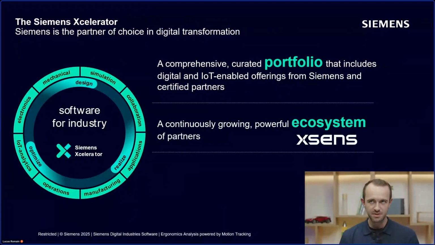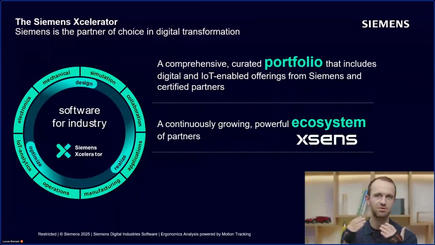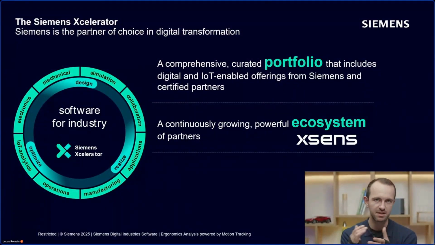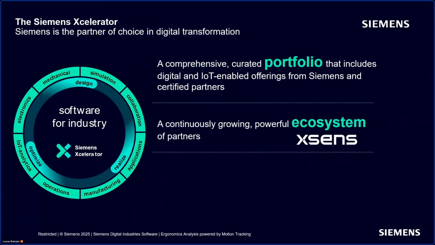This is an example, for instance, with our ecosystem of partners, when it comes to publishing data for your ERP. We have a strong partnership, for example, with SAP. And here today, we want to highlight the partnership we have with Xsens when it comes to digesting this motion tracking data.